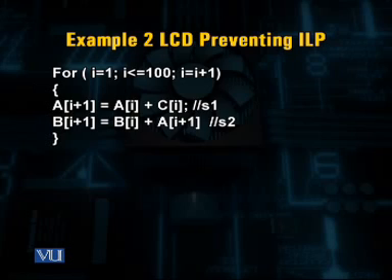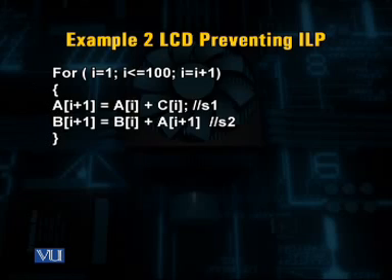That is, A at index I plus 1 is computed in the ith iteration and read in the I plus first iteration. However, you can see that the second statement S2 uses the value A at I plus 1 computed by the first statement S1 in the same ith iteration.